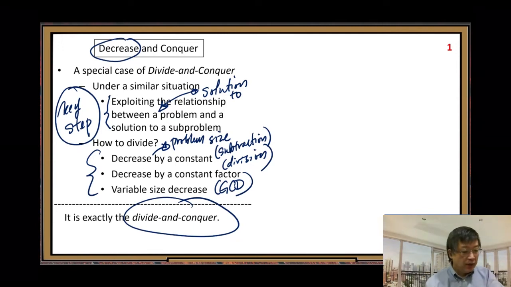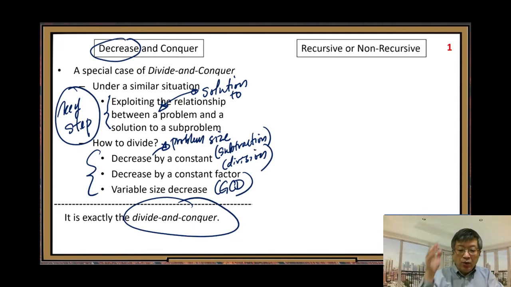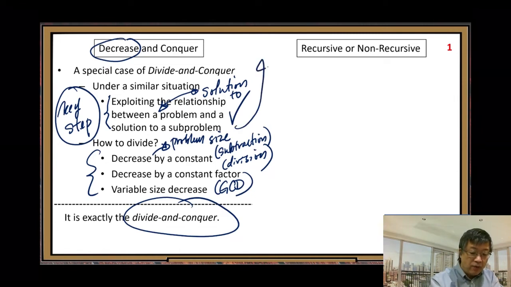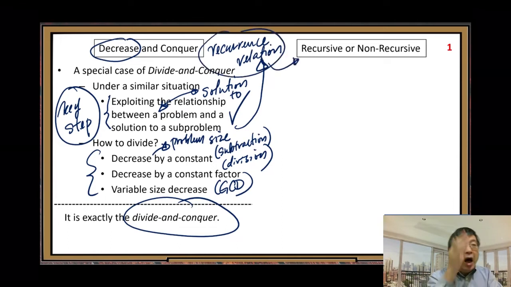All right, so let's go to the next topic, recursive or non-recursive implementation. Here we're talking about implementation because when you complete this step, typically you have a recurrence relation. But the next question is how to implement this recurrence relation.